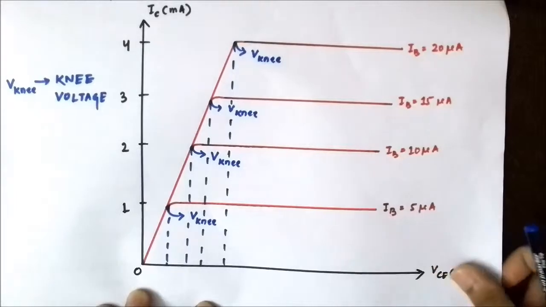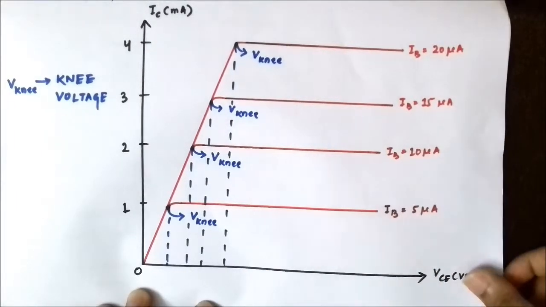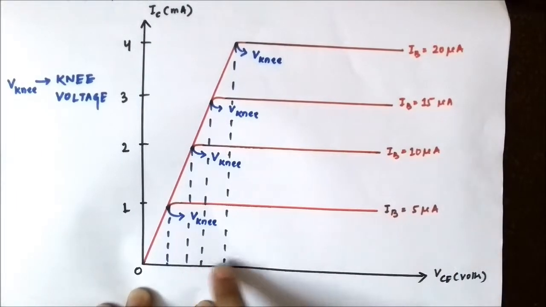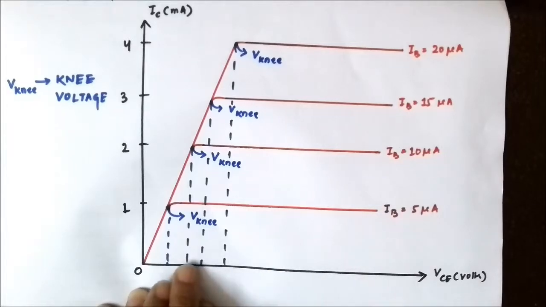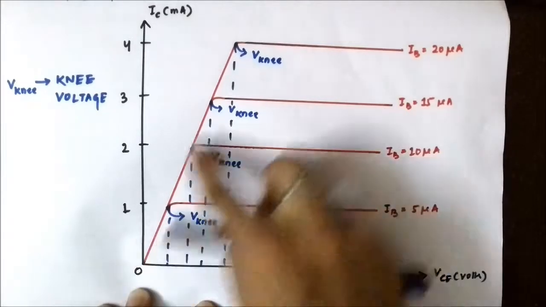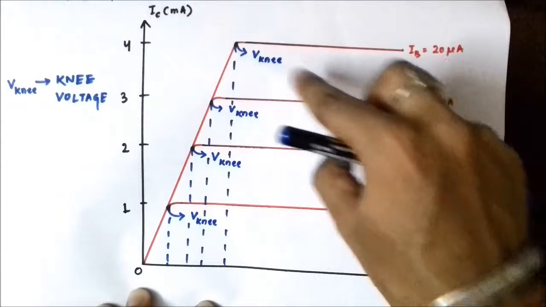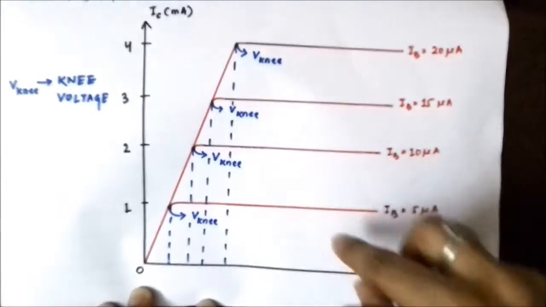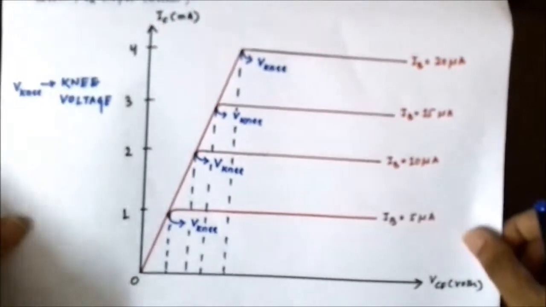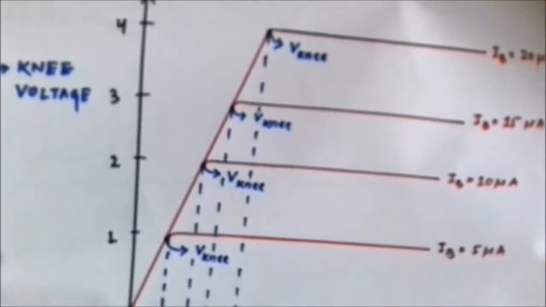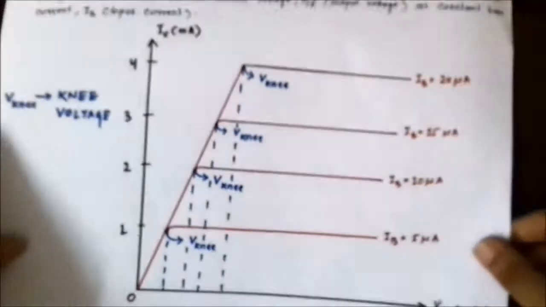The knee voltage normally lies around 1 volt. Here I have drawn it in a magnified way for the sake of clarity, but normally the curves lie very close to each other, and the knee voltage is around 1 volt.